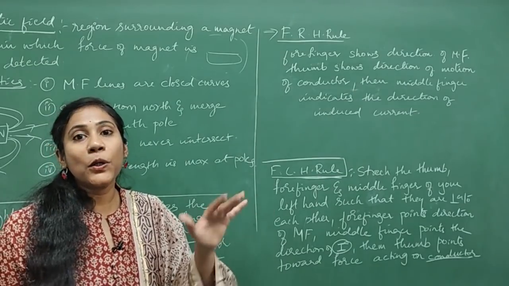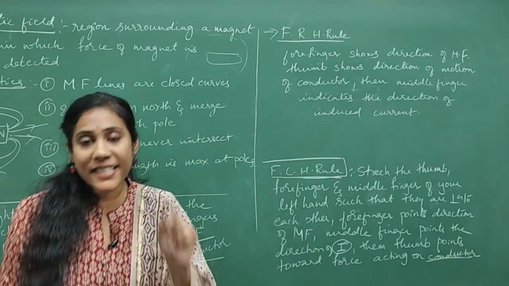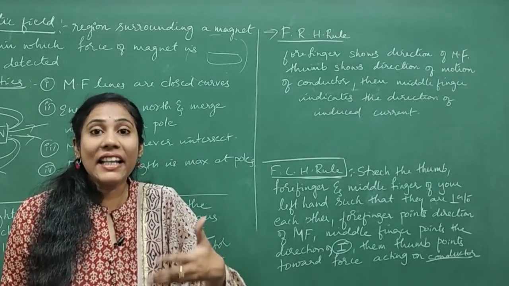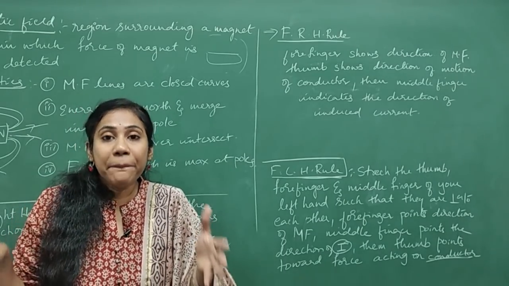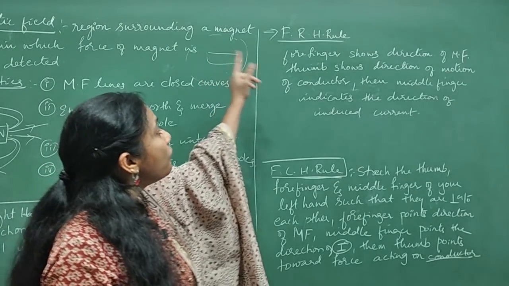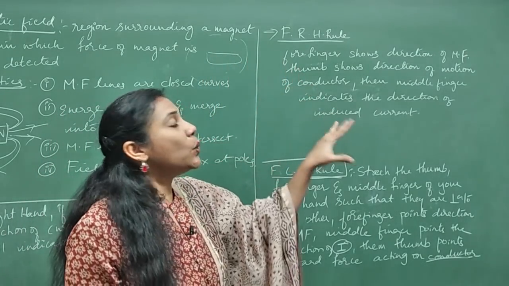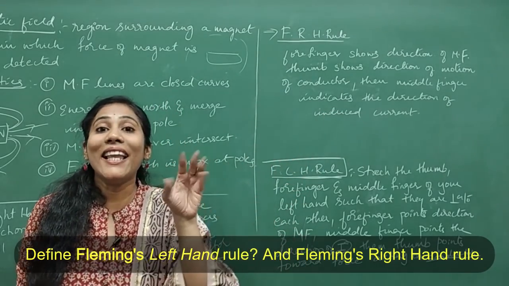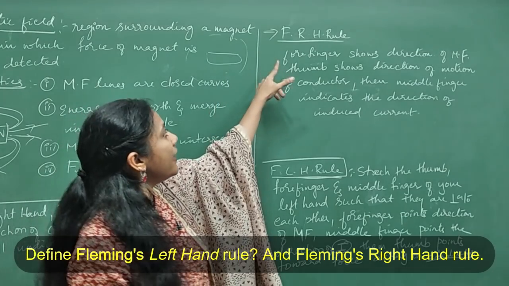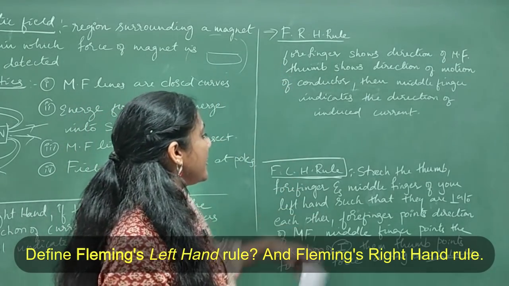Fleming's left hand rule talks about the force experienced by the conductor when a current carrying conductor is kept in a magnetic field. And Fleming's right hand rule will tell you about electromagnetic induction. Clear? You can write the same sentence here.